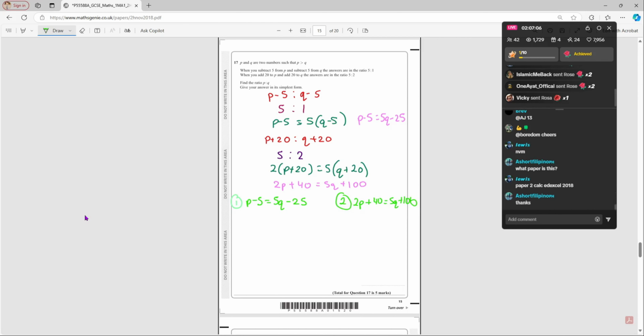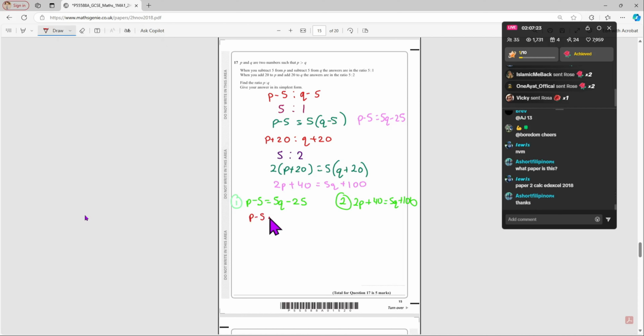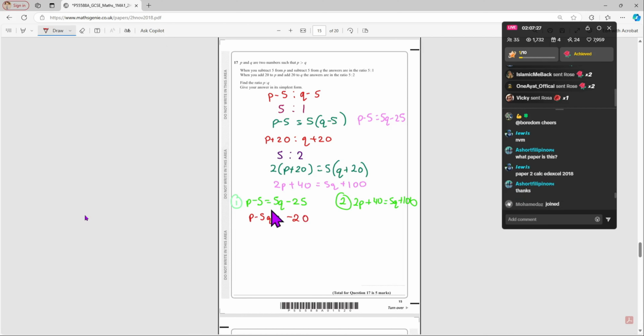Before we solve, we are quickly going to simplify this. I'm going to add 25 and add 5 to both sides to get P minus 5Q is equal to minus 20. So we minus 5Q from both sides and add 5 on both sides.